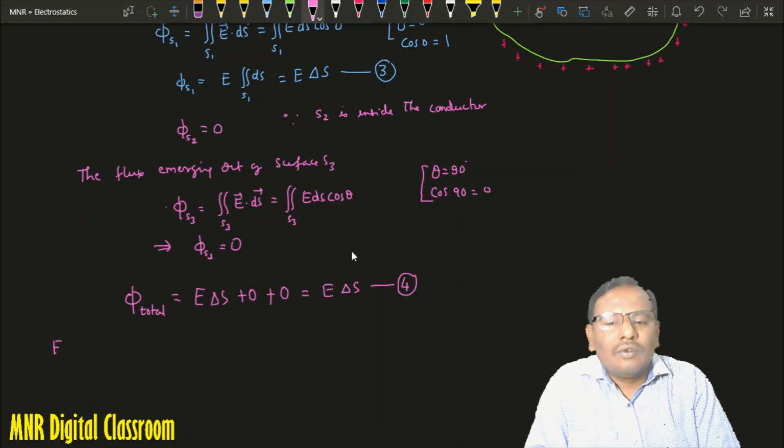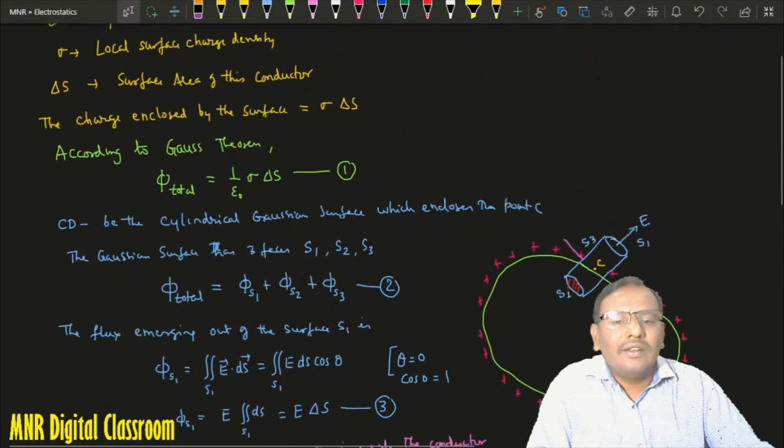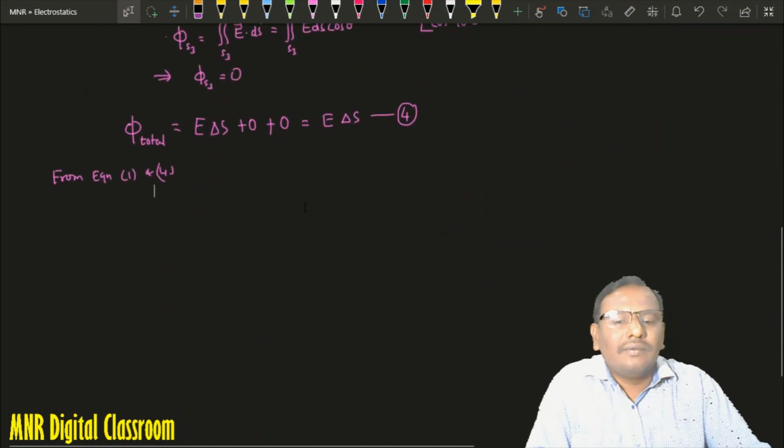Now, from equations 1 and 4, let us recall equation 1. Equation 1 is the total flux is equal to 1 over epsilon naught times sigma into delta S, where delta S is the total surface area.